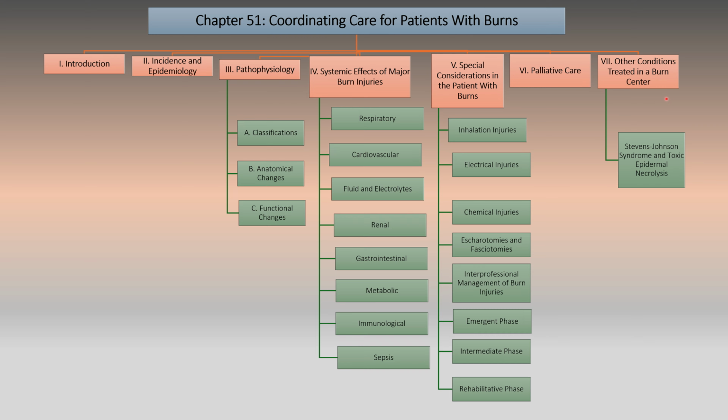Classification by TBSA: the distinction between Stevens-Johnson syndrome and TEN is based on the amount of total body surface area, TBSA. For Stevens-Johnson, it's less than 30%, while the other one involves greater than 30%.